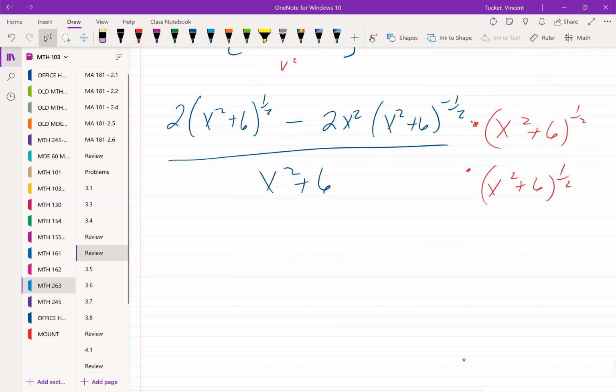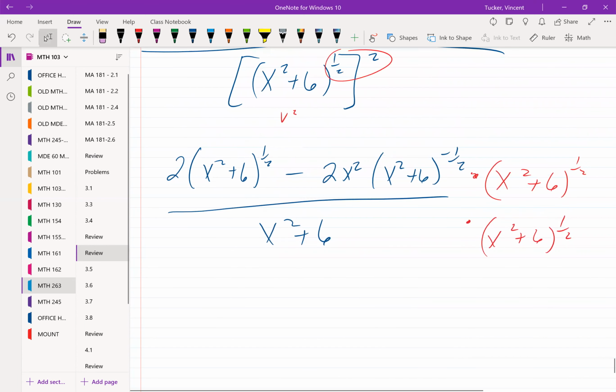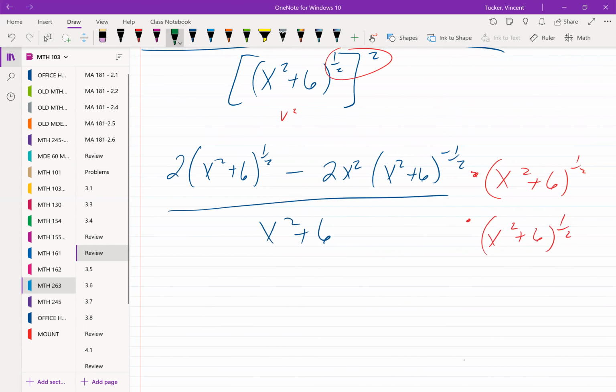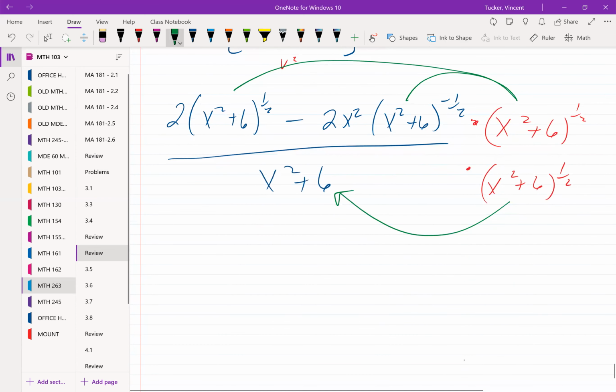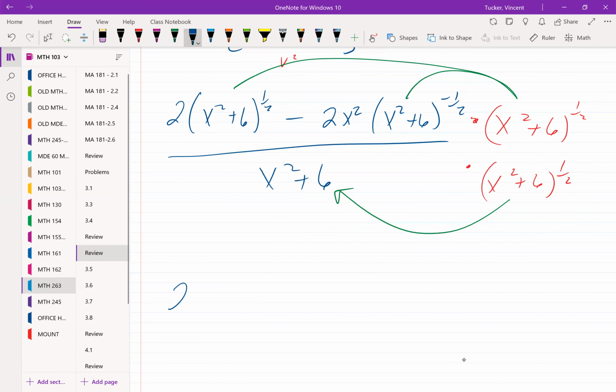So I'm going to multiply this (x squared plus 6) to the 1/2 to both pieces here. And of course, this multiplies to this. So 1/2 plus 1/2, as we just mentioned, is 1. So it's going to be 2 times (x squared plus 6) to the first power, which is just that.